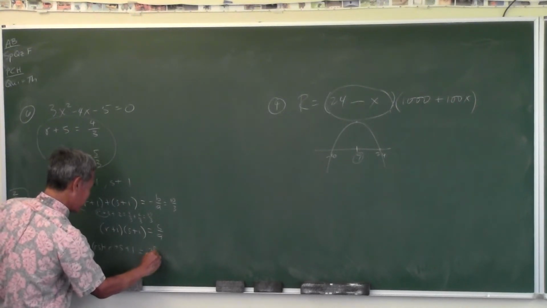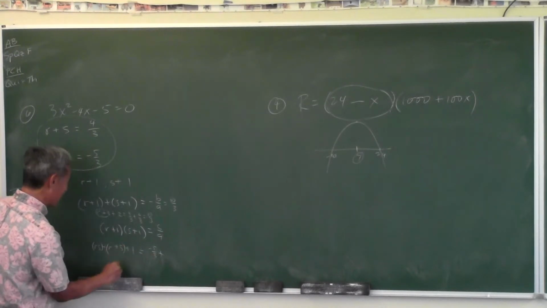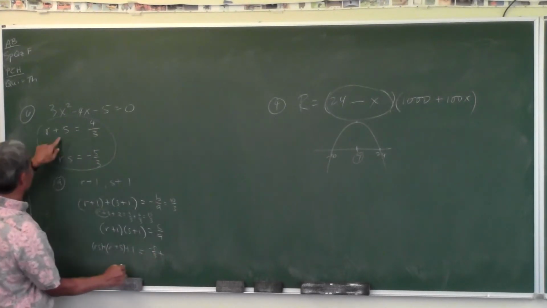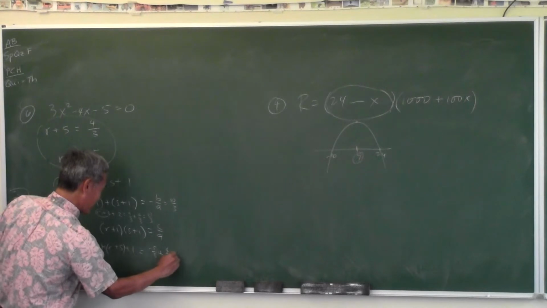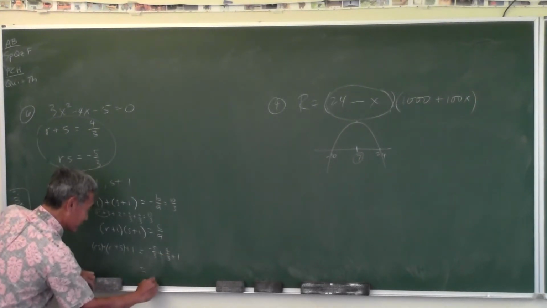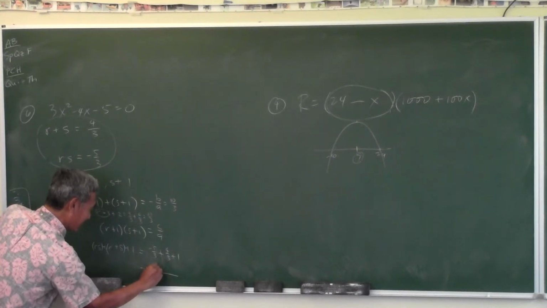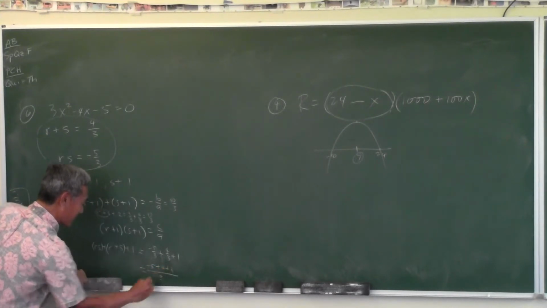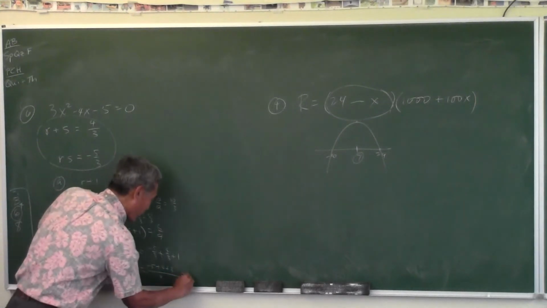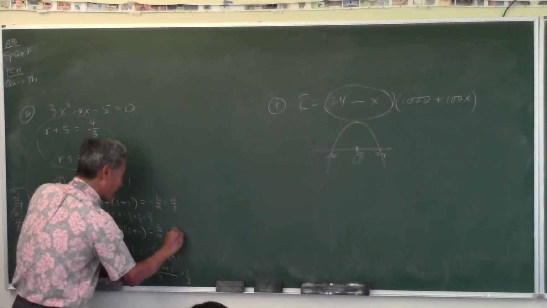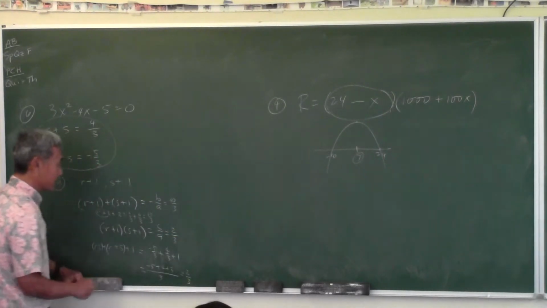Negative 5/3 plus, what is r plus s? 4/3. 4/3 plus 1. What is that equal to? Make the least common denominator. Negative 5 plus 4 plus 3. What is that? 2/3. So that means c over a in the new equation has to be 2/3.